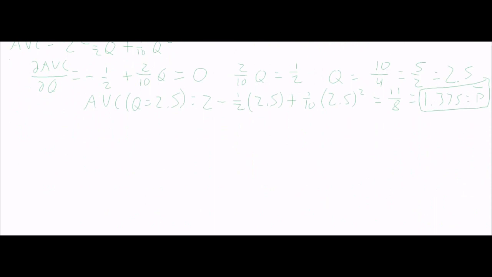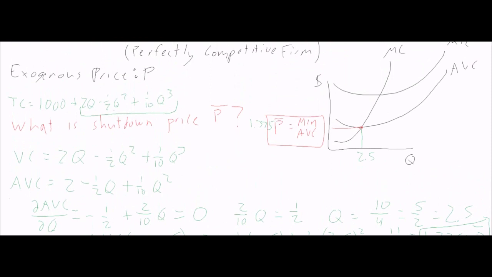If you don't have any knowledge of how to use the power rule, well, you have two choices. One is either learn it, or two, do it a different way that uses the marginal cost function. Notice this intersection here, where marginal cost meets average variable cost, is exactly corresponding with our 2.5 Q and 1.375 P. So one option for us would be to set MC equal to AVC.